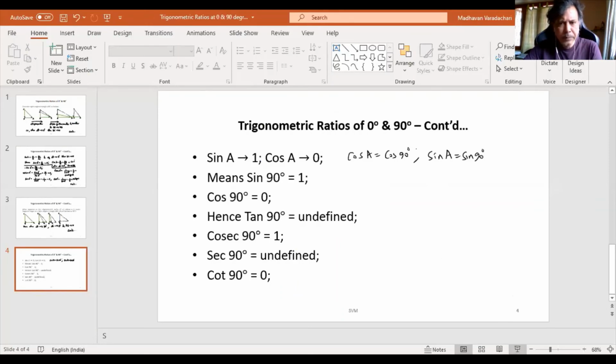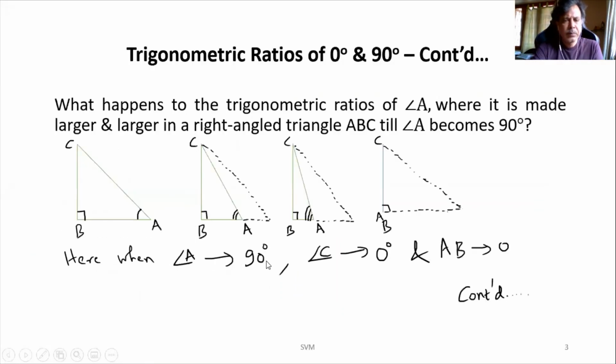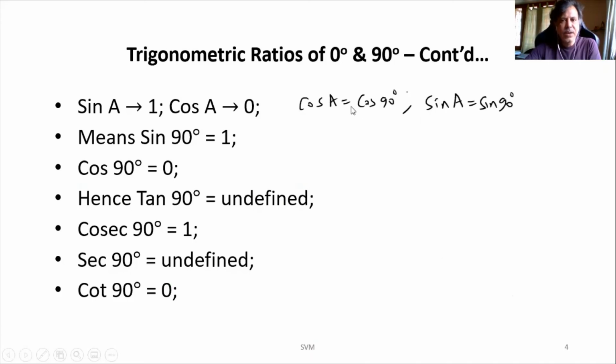Slowly, angle A is becoming angle B, and angle B is 90 degrees. That's why we consider cos A as well as sin A at 90 degrees. It means sin 90 degrees is equal to 1, and cos 90 degrees is equal to 0.